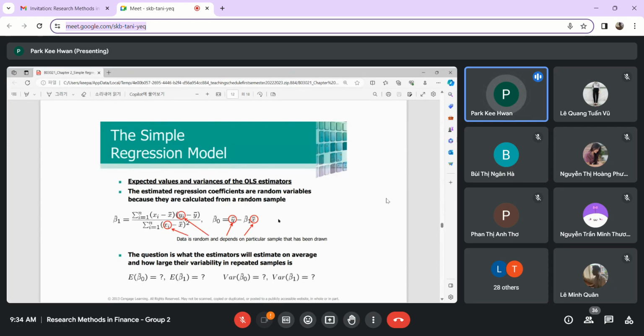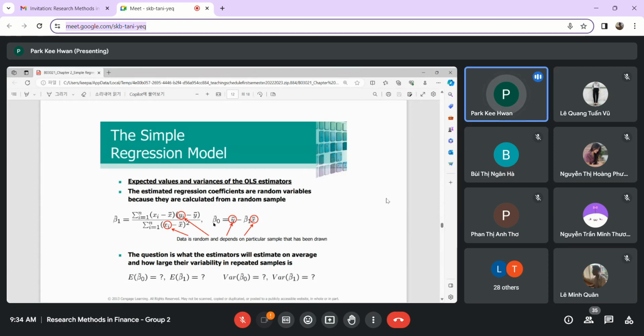Now the important point is that beta 1 hat and beta naught hat are random variables. Why are these random variables? Because they come from a random sample.